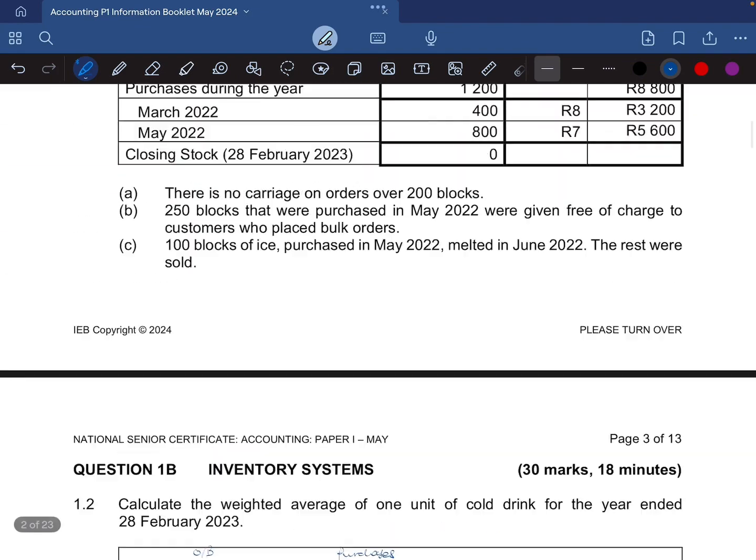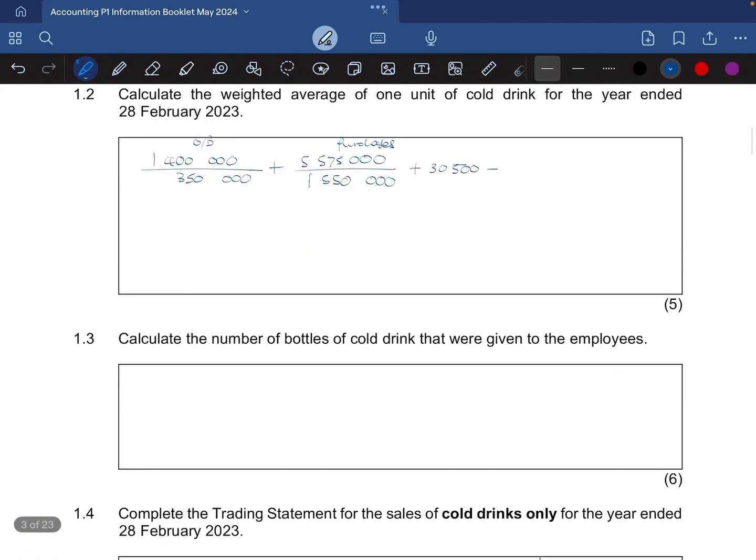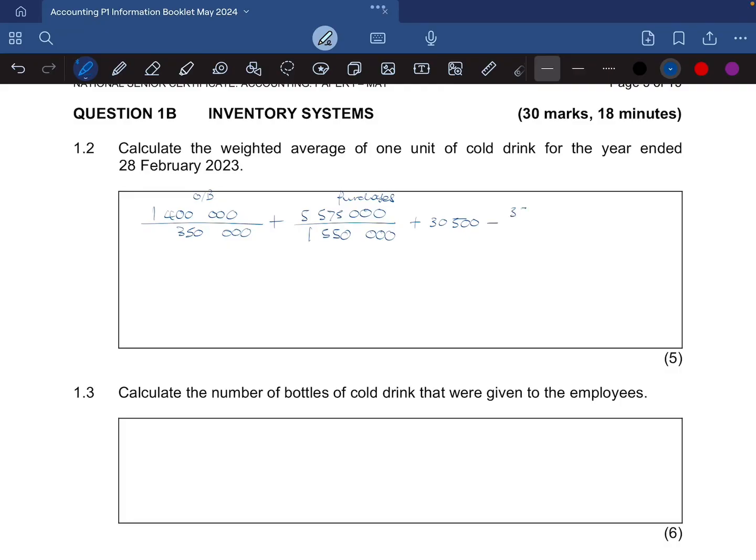Minus returns. Okay, let's look at the returns. We had returns of 35,000, and the 35,000 bottles were worth 3 rand each. Because we do not necessarily know the cost of these 35,000 bottles, we would then need to do 35,000 multiplied by 3 over 35,000.